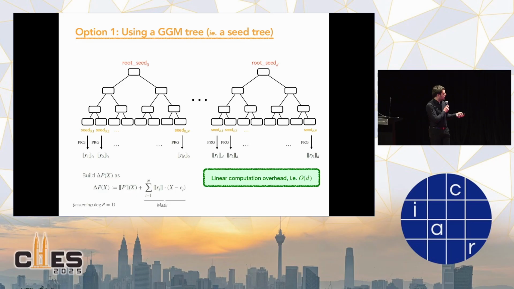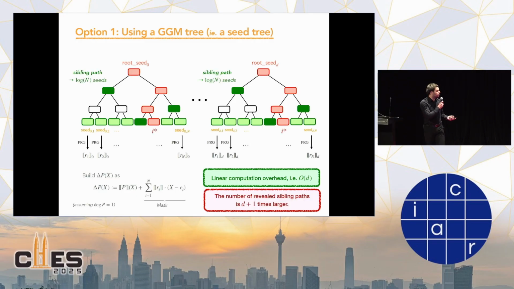So we have a linear overhead during this masking step, but of course, if we have D+1 trees, when we open it we will need to open D+1 sibling paths in the tree. So we will increase the cost of opening the tree by a big factor.